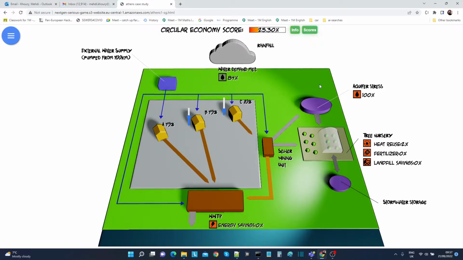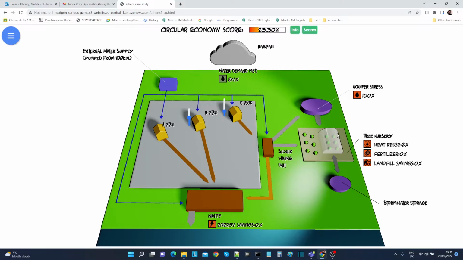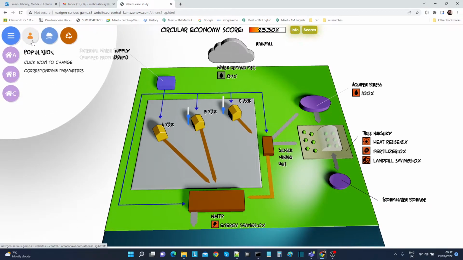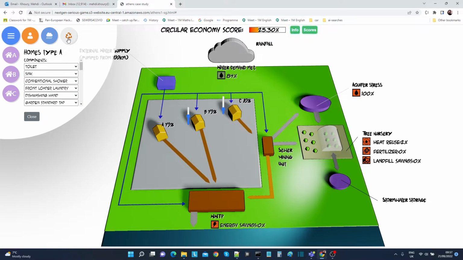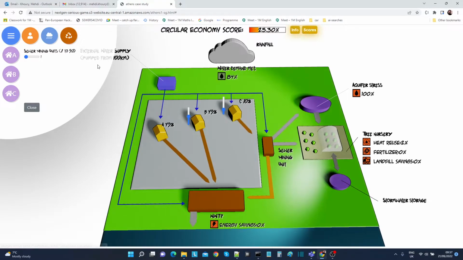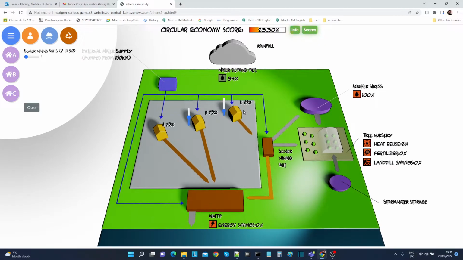Note that when we look at the other indicators, which are centered around the tree nursery and sewer mining, we have some interesting things going on. At the moment, you've got an interface in which you can change population, rainfall, the types of technology that you have in the neighborhood, but also the amount of sewer mining units. We have only one sewer mining unit active, which is plugged to neighborhood C, which only has 10% of the households.